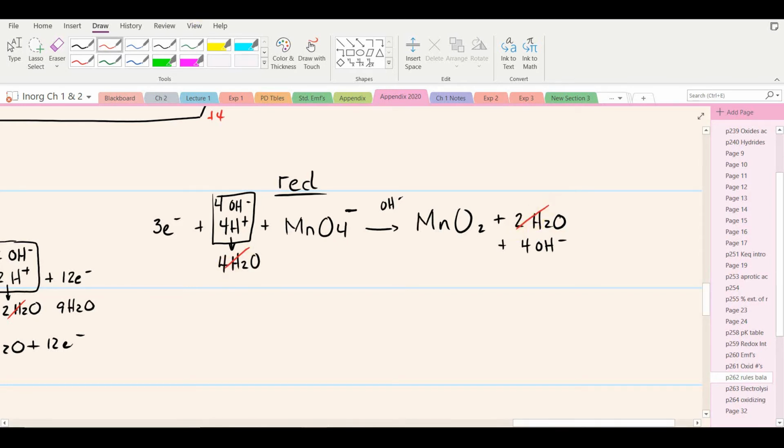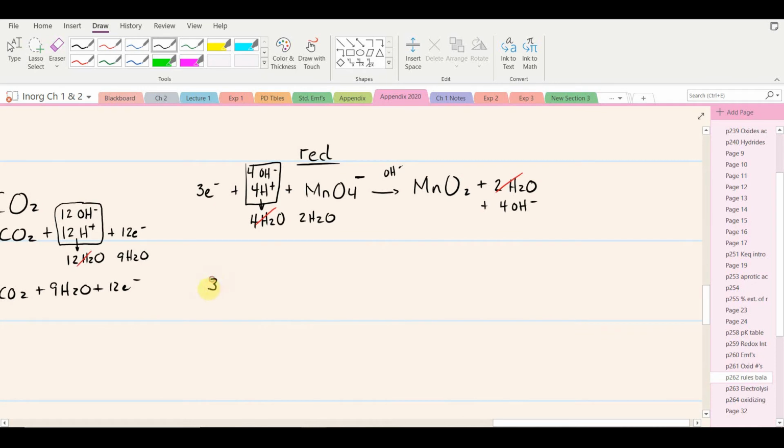Subtract 2 from both sides, leaving me with 2H2O. I'm going to rewrite this so it's tidier. 3 electrons plus 2 H2O plus permanganate ion goes to MnO2 plus 4OH minus.